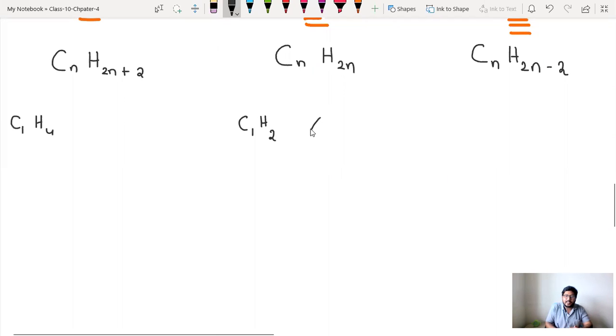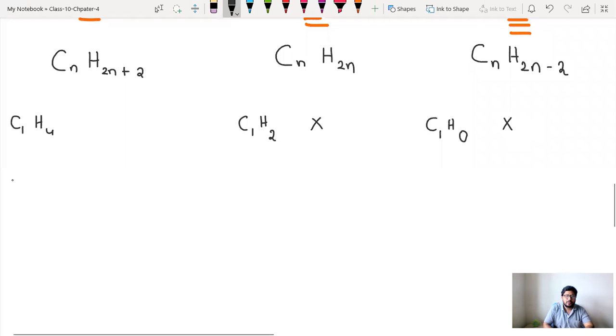Practically, this molecule is not formed. If you substitute 1 in alkyne, it becomes C1H, 2 into 1 is 2, 2 minus 2 is 0. Practically, this compound is also not obtained.